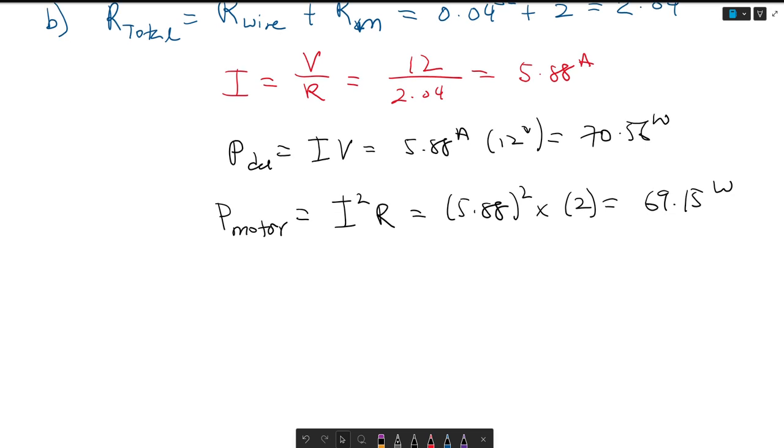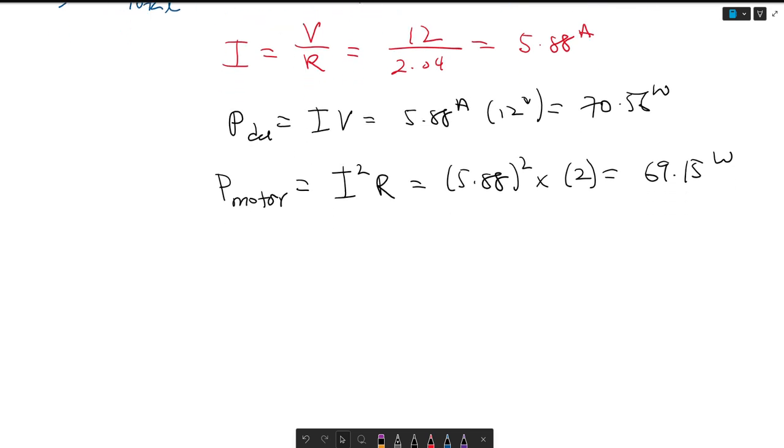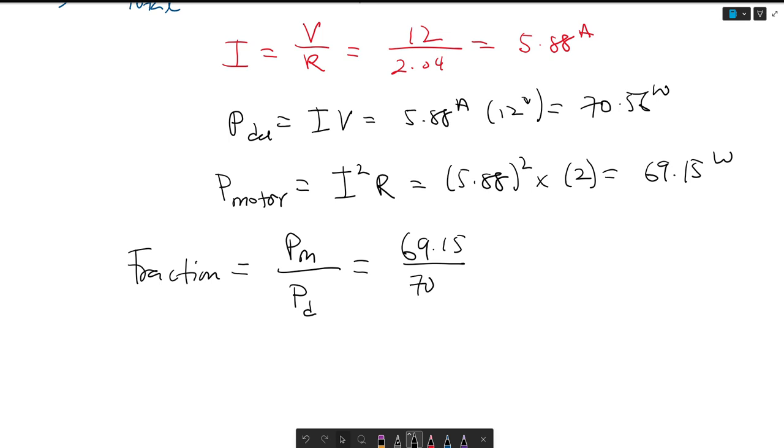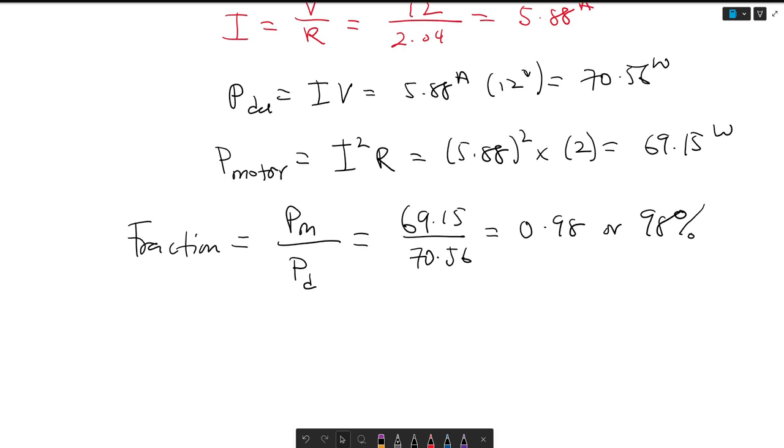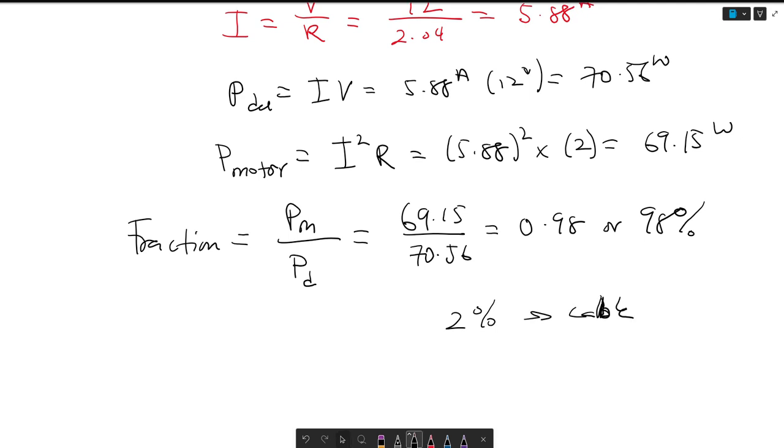So the fraction of the power delivered to the load, or the motor, is P motor over P delivered, which is equal to 69.15 over 70.56, which is equal to 0.98 or 98%. Essentially, only 2% of our power is dissipated in the cable, which is really good.